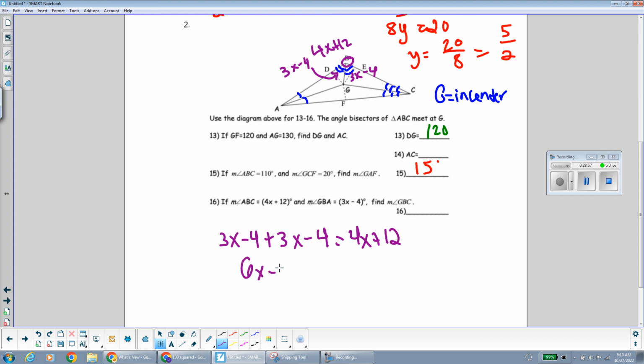We have 6x minus 8 equals 4x plus 12. Subtract 4x on both sides. We have 2x, and adding 8 is equal to 20. So that means x is equal to 10. So if x is 10, I'm going to plug in to find the measure of angle GBC. So that's 3 times 10, that's 30, minus 4, that's 26.